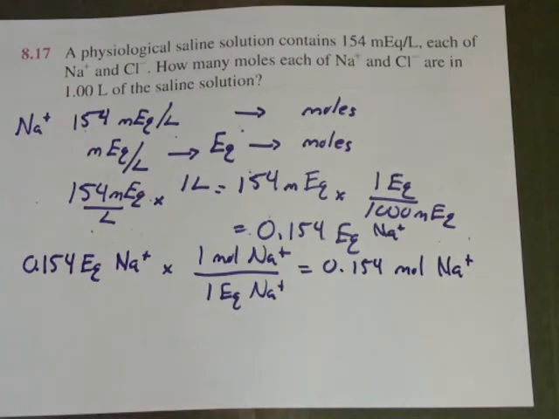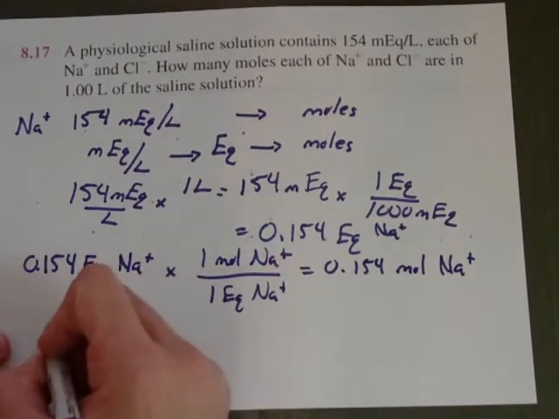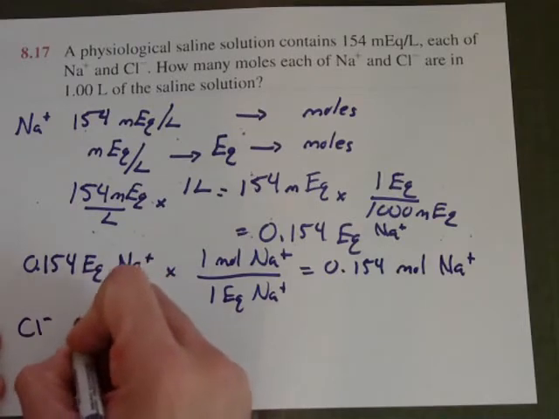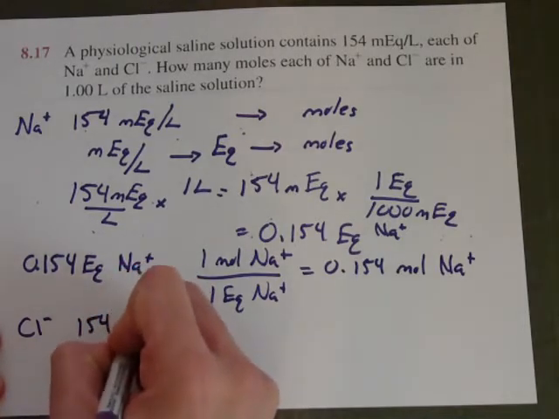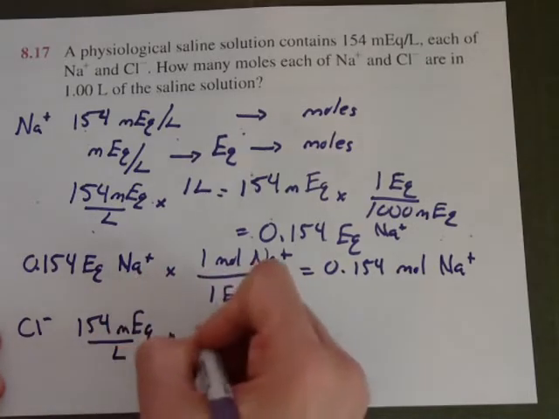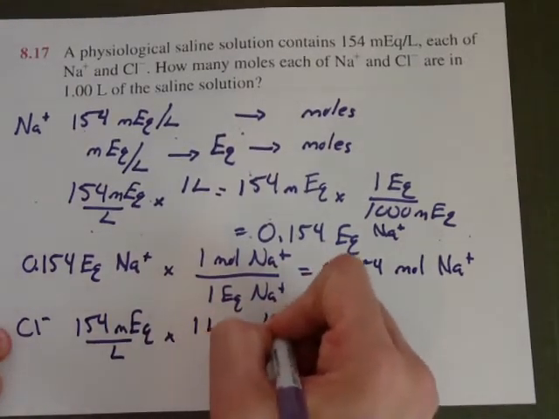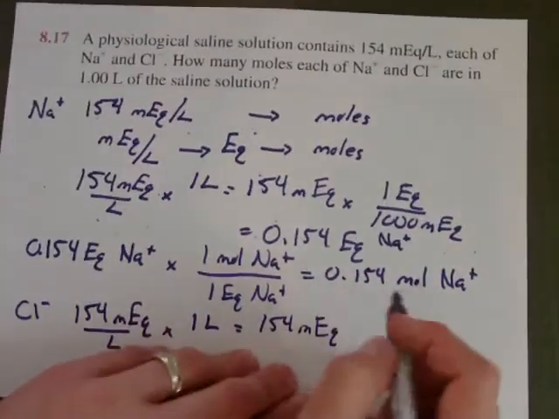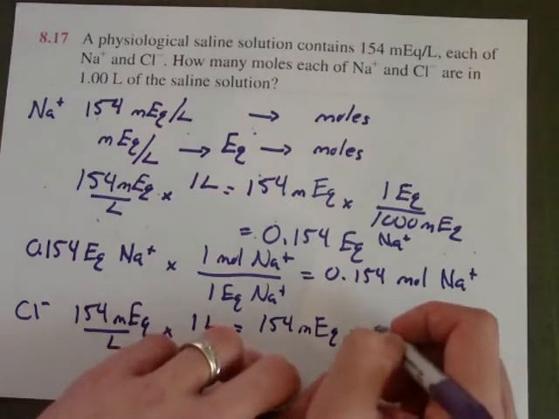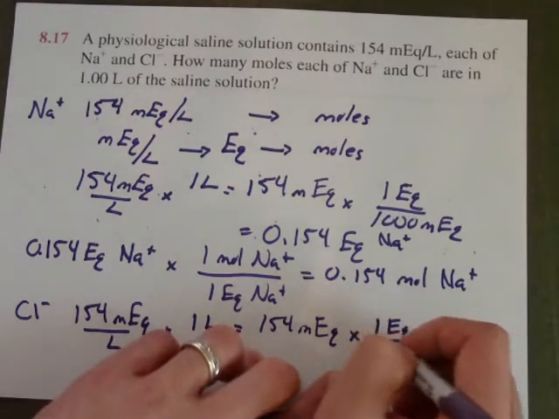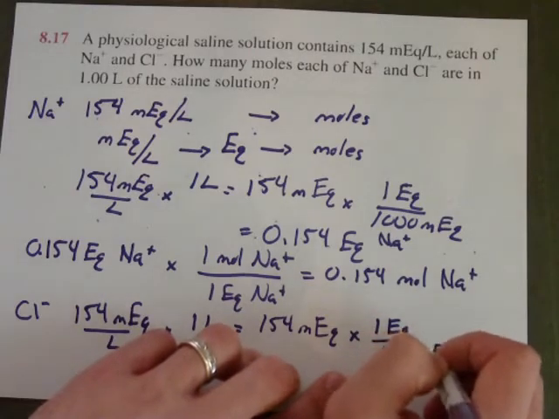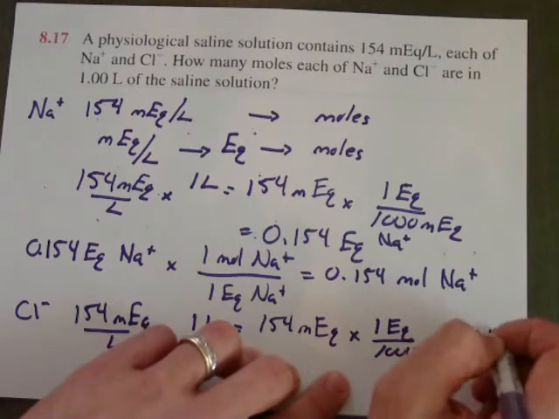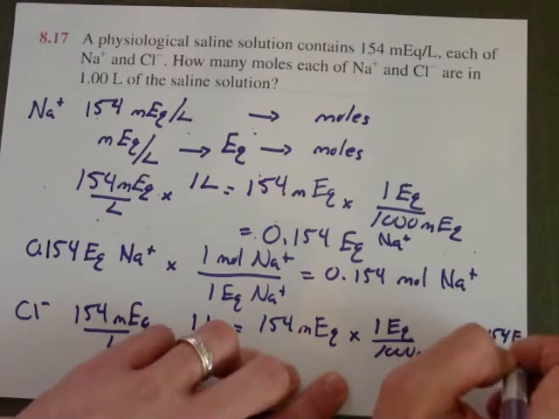And because Cl is the same, all of the calculations are going to be the same. So for Cl minus, we have 154 milliequivalents per liter times 1 liter, and we get 154 milliequivalents. Then we're going to use the conversion factor of 1 equivalent per 1,000 milliequivalents, and we get 0.154 equivalents.